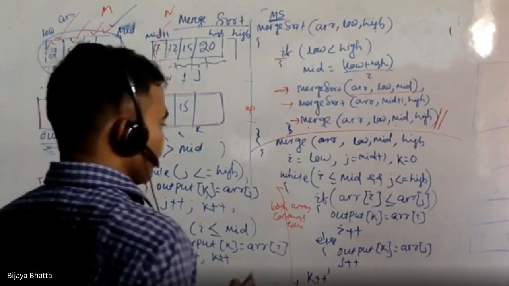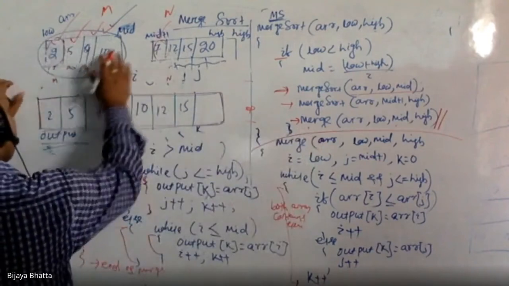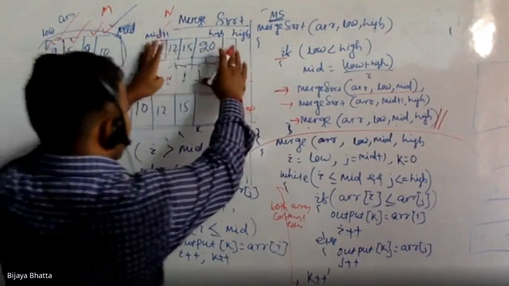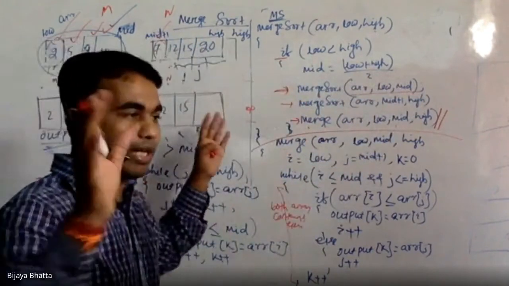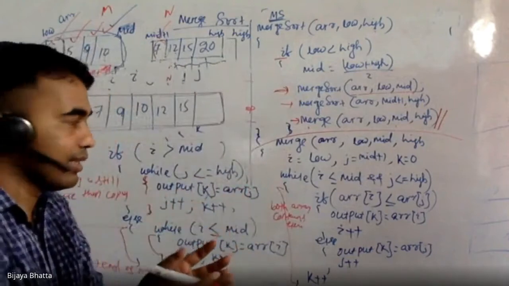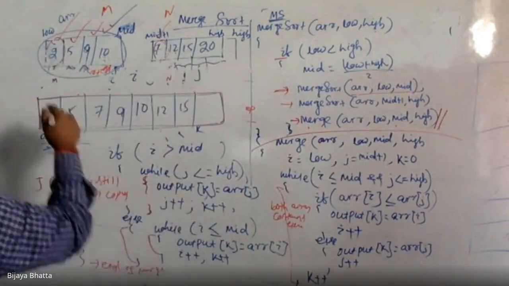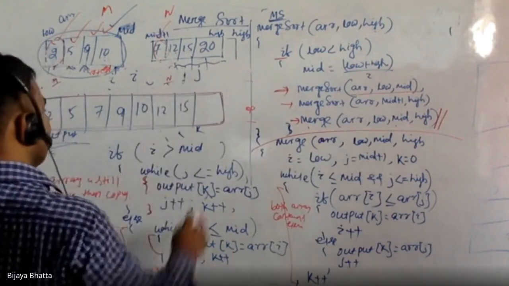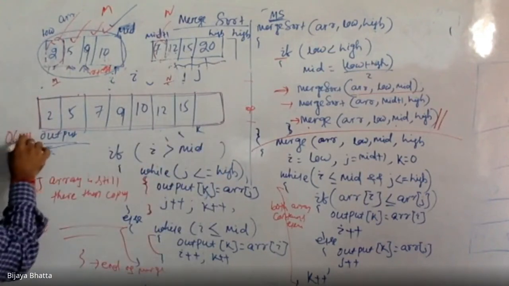If your whole array size is n, initially before merge you had a bigger array, you divided it and came into the picture like this, and you are trying to combine these two. Whatever the size of this m and whatever the size of this n, the complexity is going to be big O of m plus n, right?